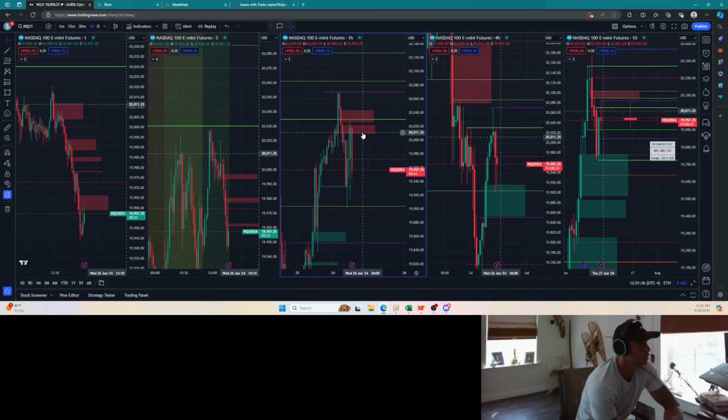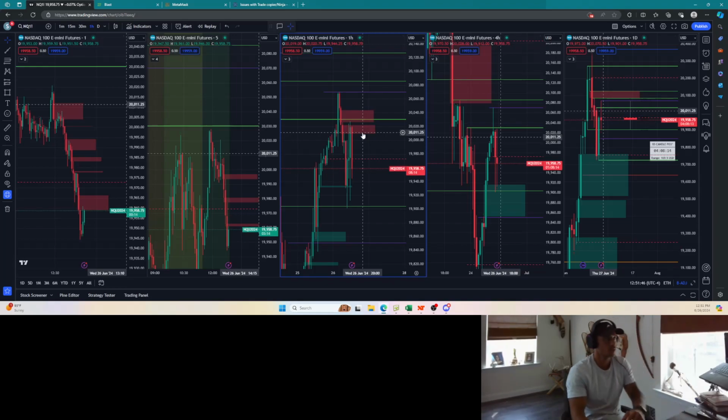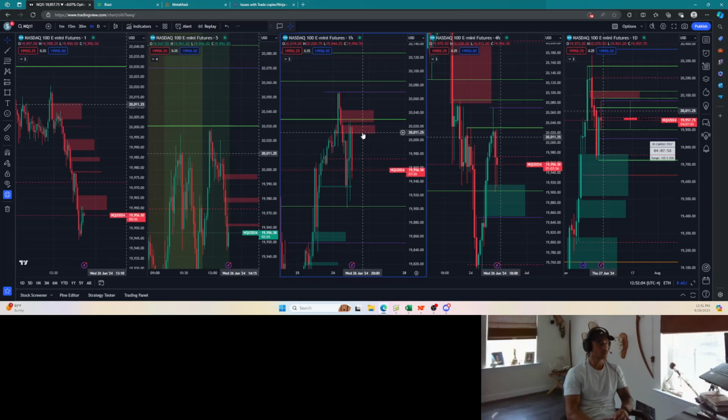Whatever your primo setup might look like, everybody's might be a little different, but if you're not already, I would highly suggest you start with the larger time frames, find these areas that you like for shorts and longs, whether it's areas of support and resistance, order blocks, or imbalances, and then wait for price to get into those areas.